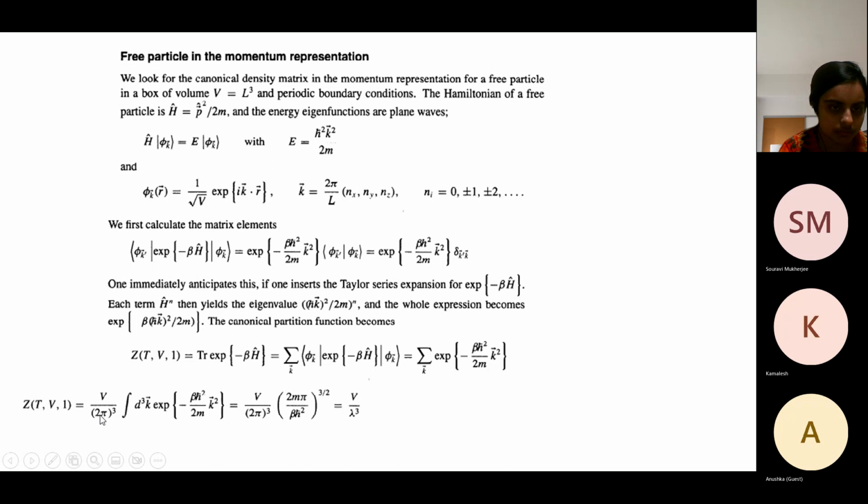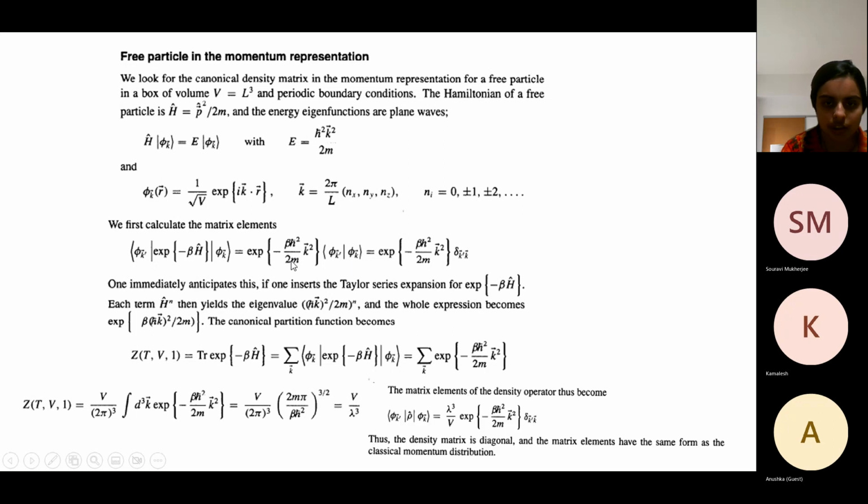This is the volume in k space taken by one microstate. If you do that, you would get something like this. This is the same as what you got from the canonical ensemble calculation we did classically, right?